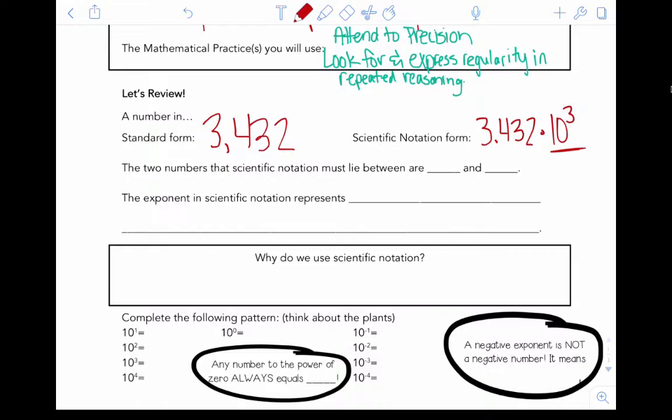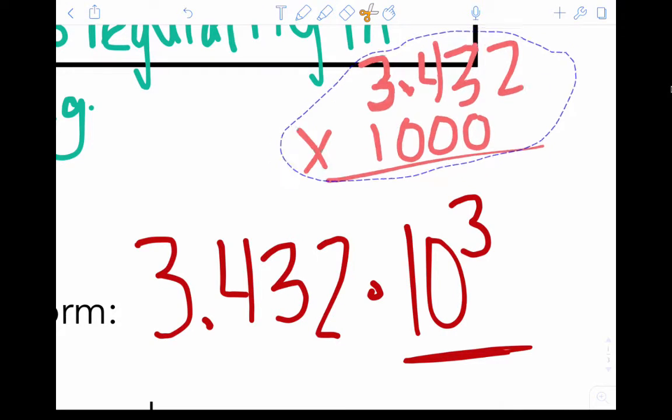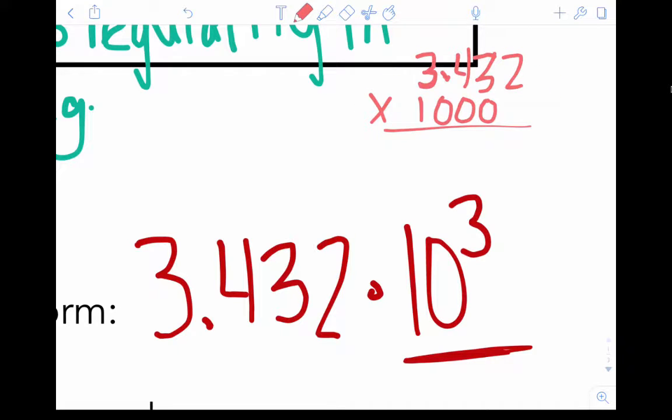So this is telling me that I have 3.432 times 1,000. If I were to calculate this out, or I can even use a calculator, I have 3 zeros, and then 1 times 2 is 2, 1 times 3 is 3, 1 times 4 is 4, and 1 times 3 is 3 again.